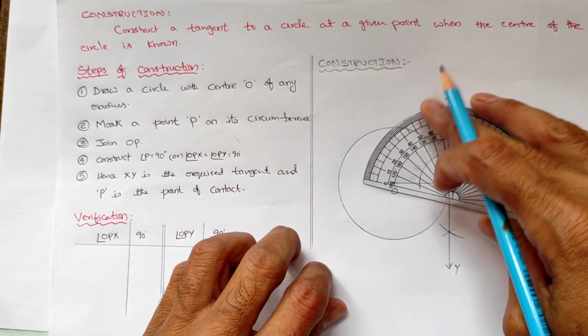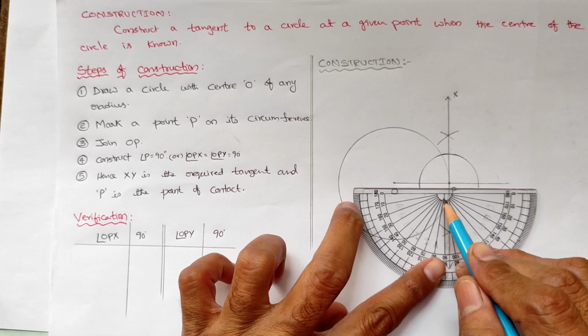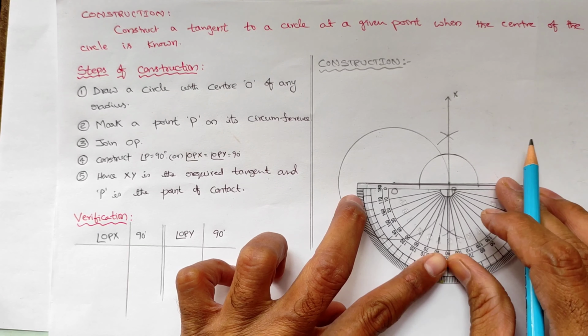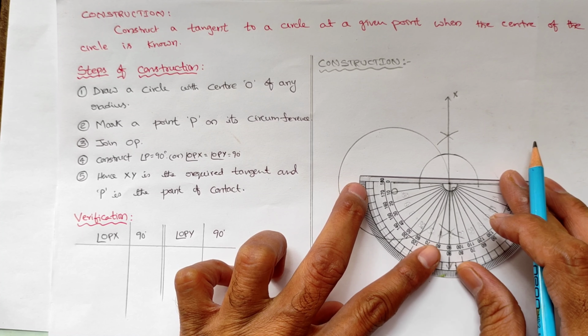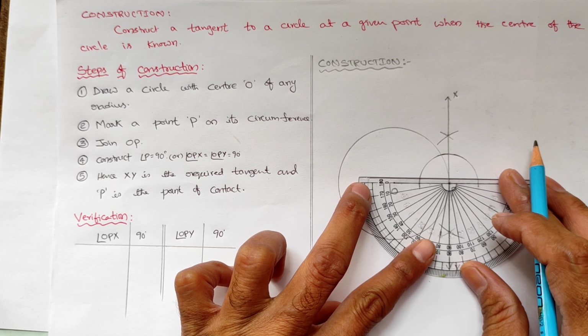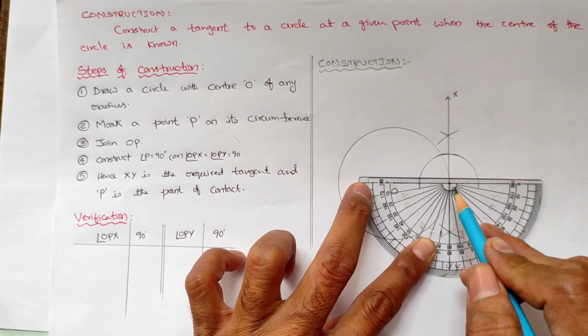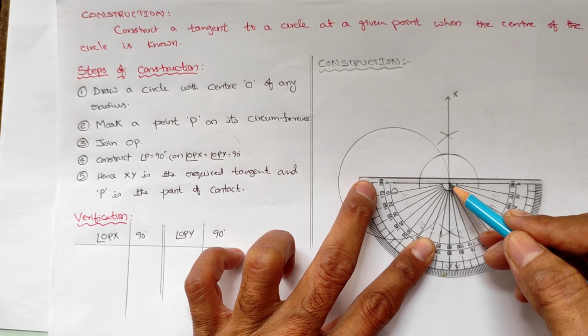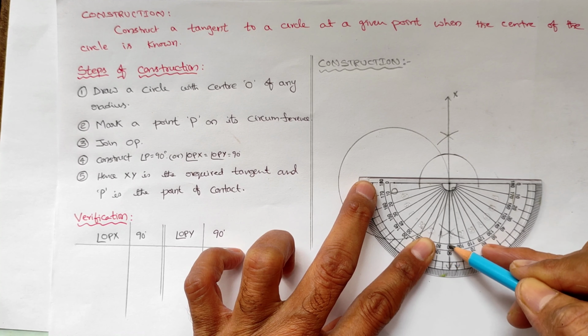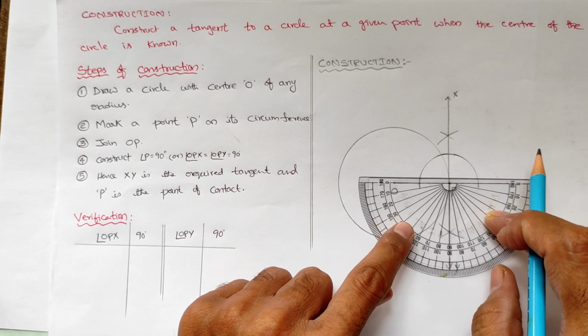So OPX is measured. Similarly OPY, this point with P and this should be OP. Here this is P and this is OP, and this is 90 degrees. Hope you are understanding clearly.